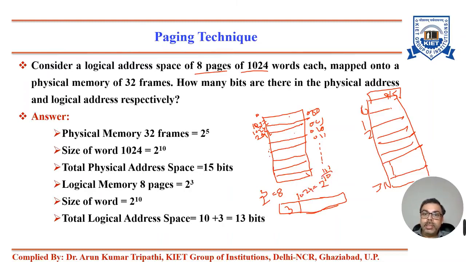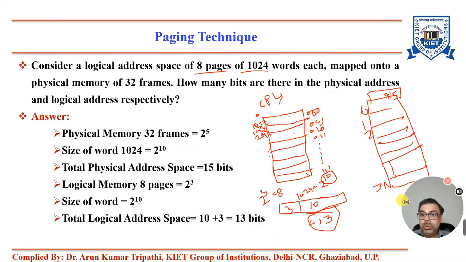That means 10 bits are required to represent the 1024 words. So the total number of bits required in the logical address space, since it is generated by the CPU, is equal to 13.